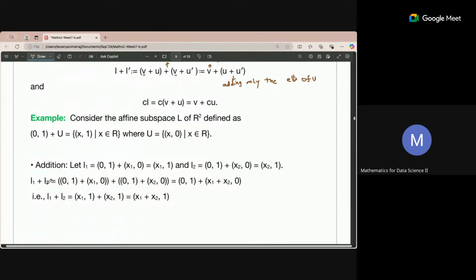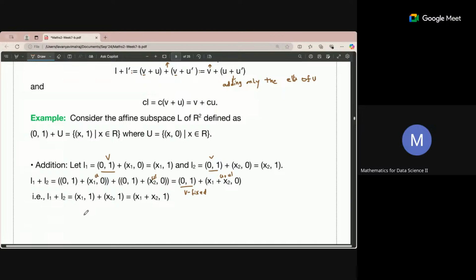Now what is L1 plus L2? Your V is fixed, right? So let us fix V and let us add the elements of U. So this is your U and this is your U dash. So I am adding U plus U dash. So V plus U plus U dash.